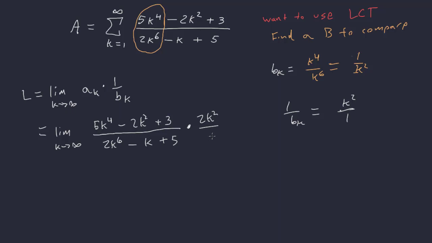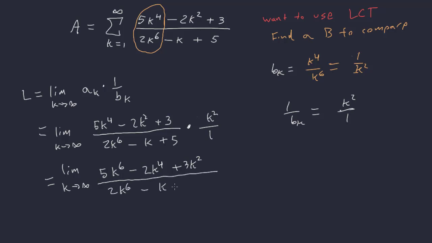So really, we're multiplying by k squared. All right, so this will be the limit as k goes to infinity of 5k to the 6th minus 2k to the 4th plus 3k squared all over 2k to the 6th minus k plus 5.